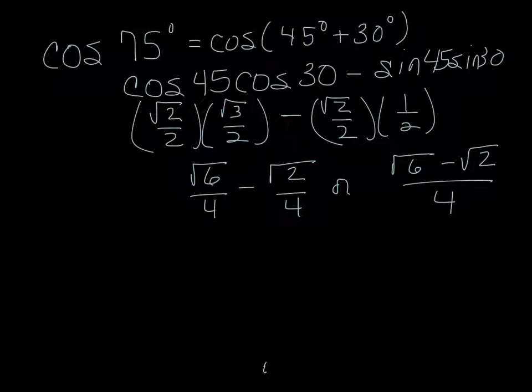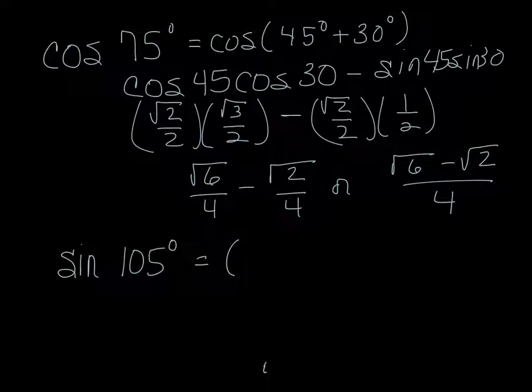If we wanted to think about the sine of 105 degrees, well, if angles we know, if we subtracted 60, which we know, from 105, we would get 45, so we can use 60 plus 45.